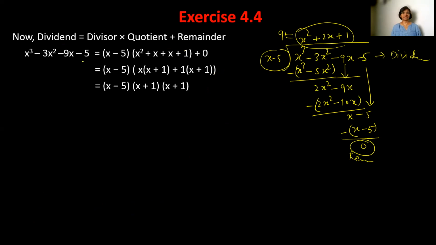So we write the dividend equals x minus 5 into, and then here 2x. You can split it into x plus x. Now it's very simple. You have to take x common, so x plus 1, and here plus 1, x plus 1 into x plus 1. These are the factors of this cubic polynomial expression. So x minus 5 into x plus 1 into x plus 1. Clear?